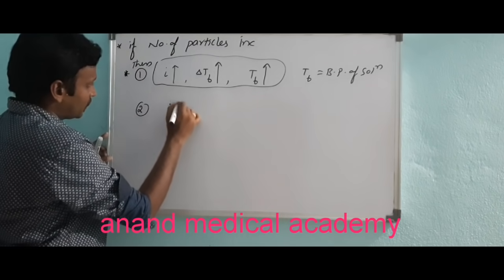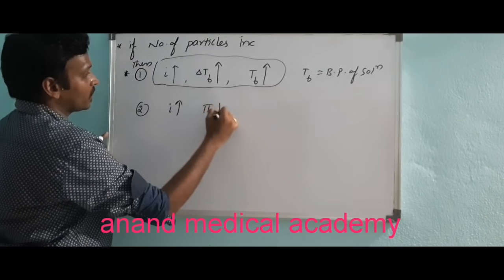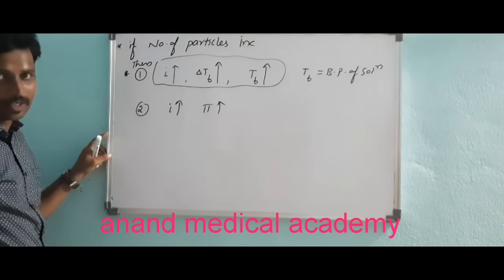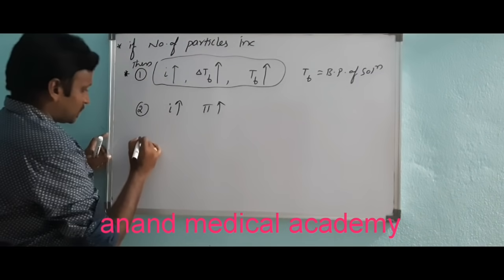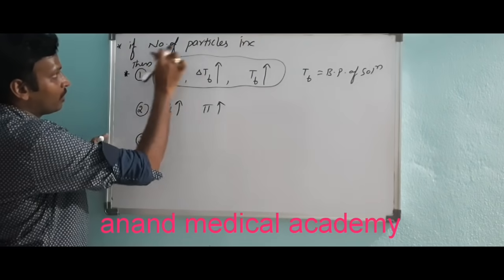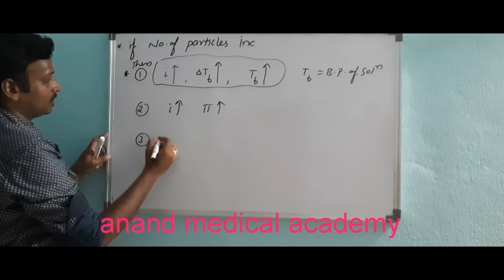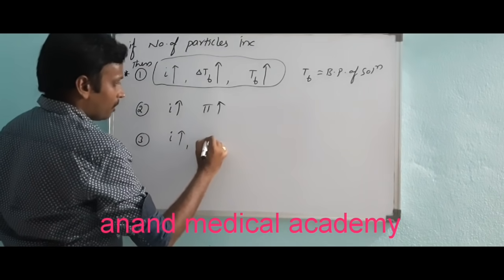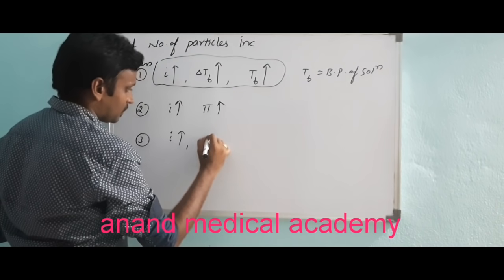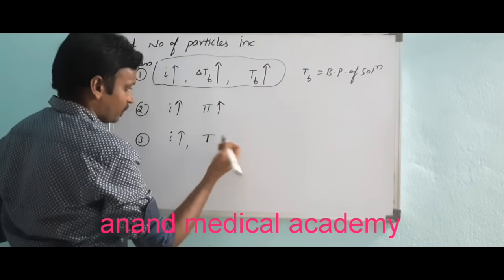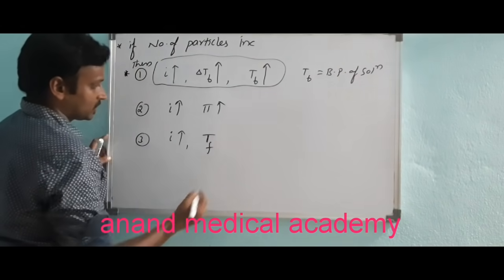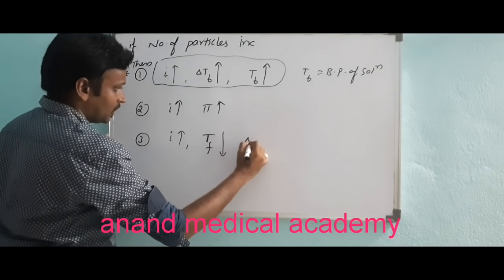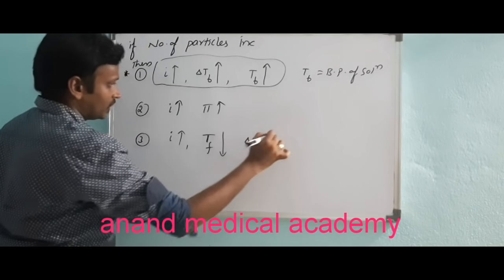Second, i value increases, therefore osmotic pressure also increases. Third, if number of particles increases, i value increases, fine. But Tf value decreases, delta Tf value increases.